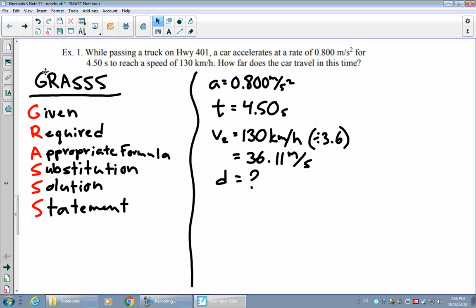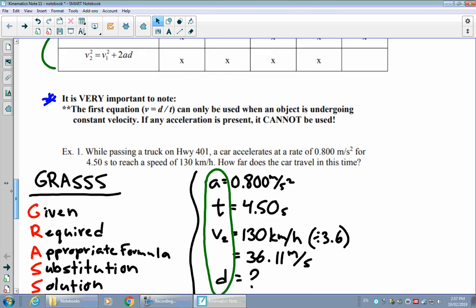From here, we just need to select the appropriate formula. We can do this by taking stock of what we've just listed in terms of givens and requireds, which in this case connects these four variables together: A, T, V2, and D. Now we can look back at our chart and figure out what equation puts those four together.